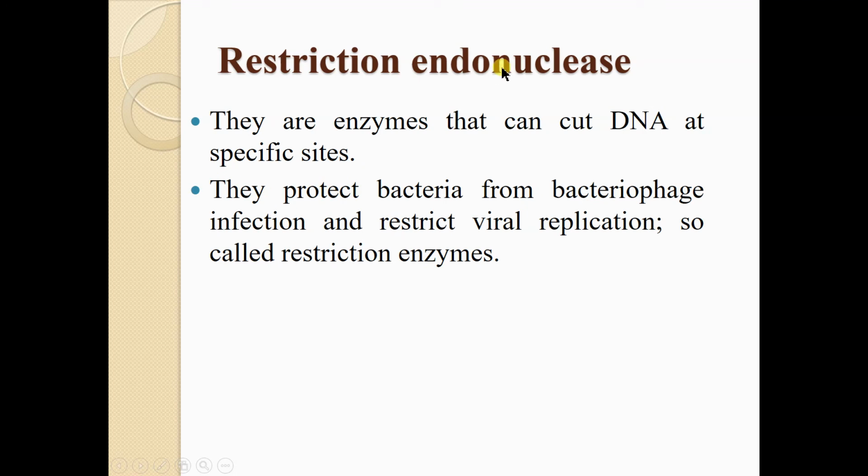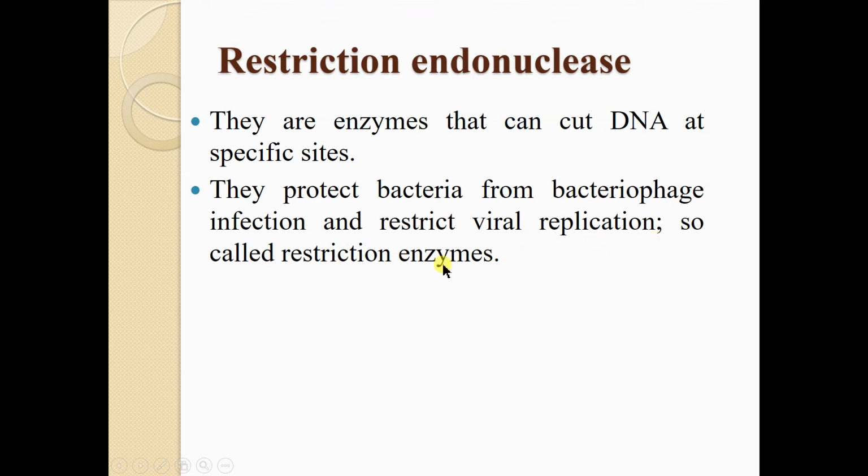And these restriction endonuclease enzymes are not found in humans, but they are found mainly in bacteria. And we might have one idea that if they are present in the bacterial DNA, then they may also produce a cut in the bacterial DNA, and they may degrade the bacterial DNA, so the bacteria may die. But this does not actually happen. They protect the bacteria from bacteriophage infection and restrict the viral replication.